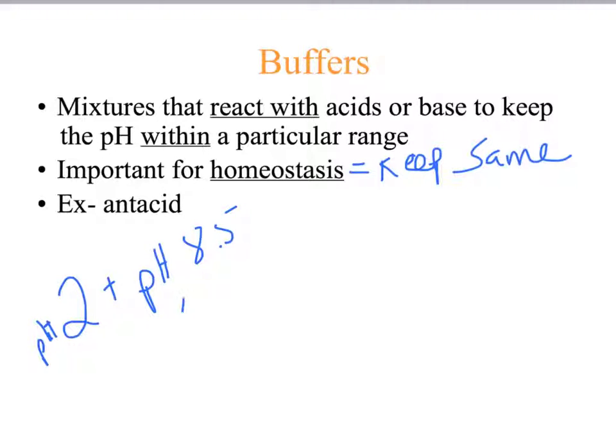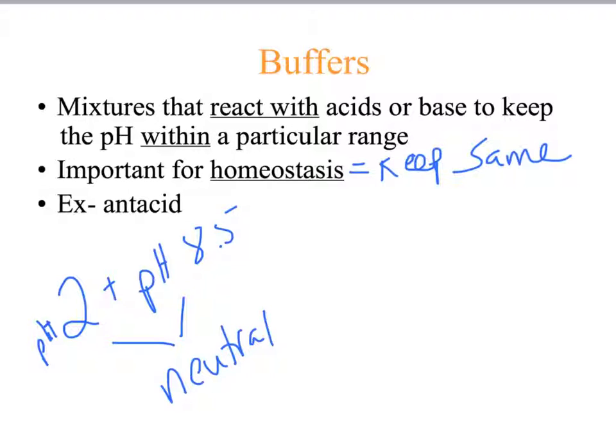And consequently, they kind of balance each other out. This doesn't work mathematically this way, so it's not like we would average those out. But they balance something else to keep it much more neutral. So it's usually a weak acid or a weak base that our bodies use to balance out those really strong acids and bases. So if you've got a lot of acid, our body will use a weak base to balance it out.